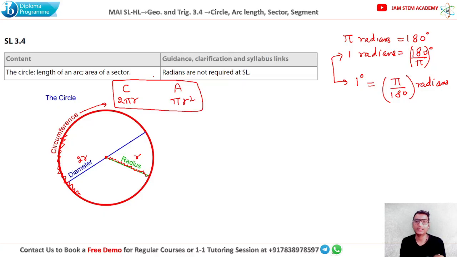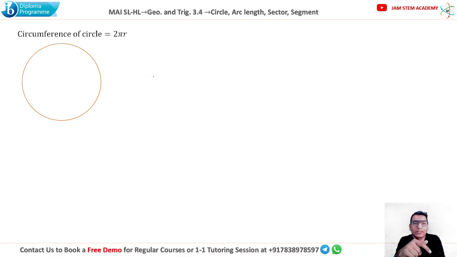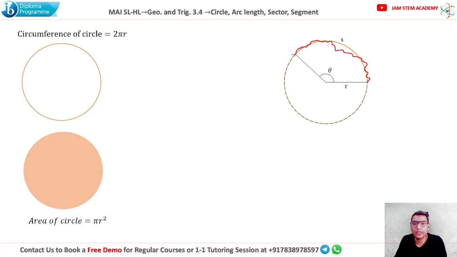Let's discuss this. Consider a circle having radius r. Now I'm going to take an arc of this circle. For this complete circle, whose circumference we already know is 2 pi r, and whose area is pi r squared, consider an arc of it. The corresponding angle is theta.